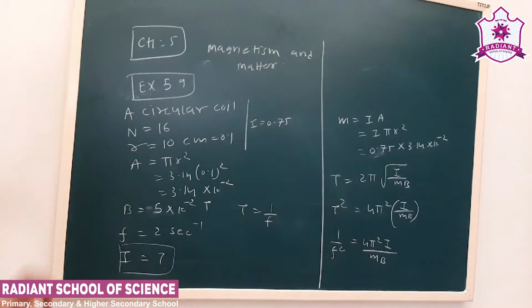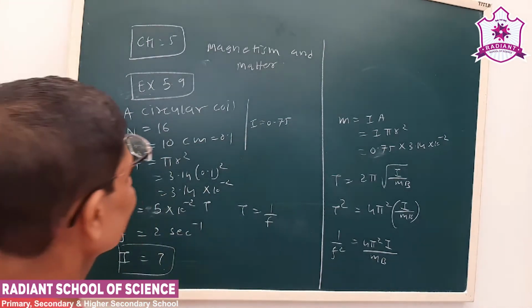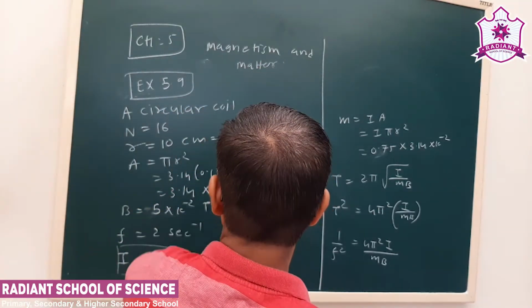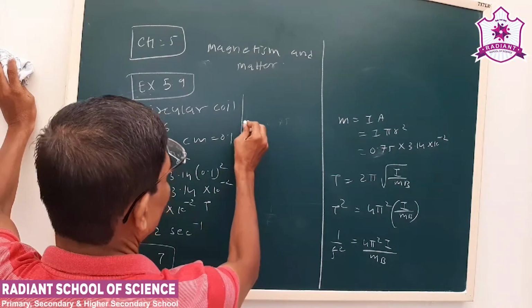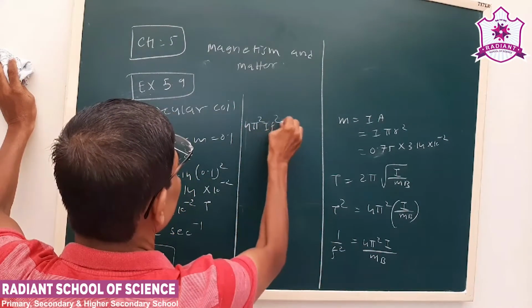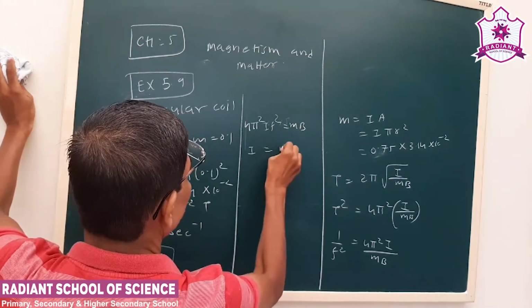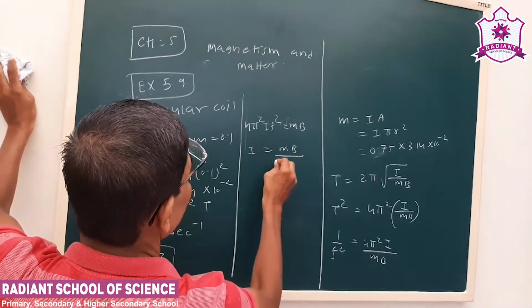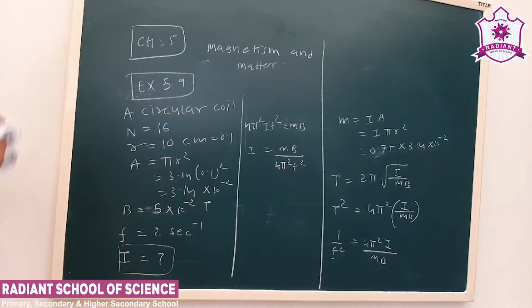See, what do you have to find out? I. So we make I the subject of the equation. 4 pi square I f square is equal to mB. I is equal to mB upon 4 pi square f square. Now see, all values we are having.